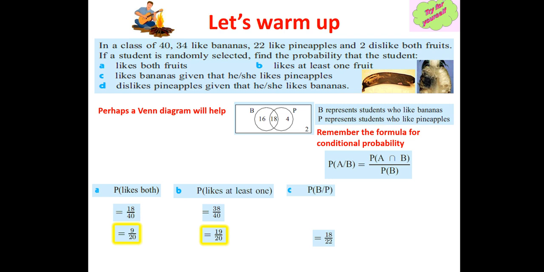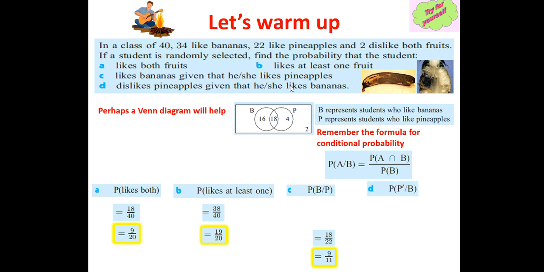And then divide the top and bottom by 2 and you get 9 over 11. So make sure you show the step, 18 over 40 divided by 22 over 40 equals 18 over 40 multiplied by the reciprocal. Because dividing by a fraction is the same as multiplying by its reciprocal.